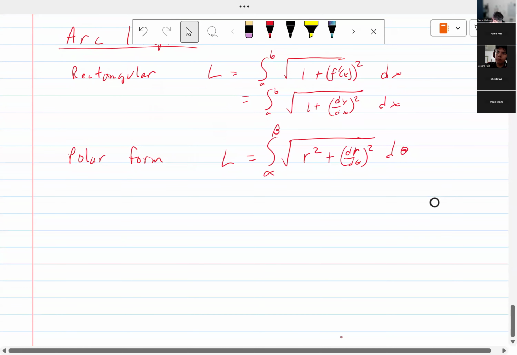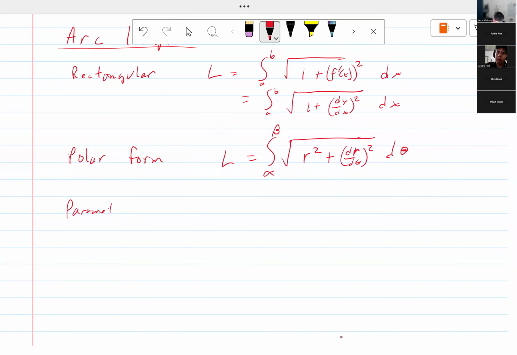Now, parametric form. For polar form, we have some r of theta. For rectangular form, we have some f of x. In parametric form, we could have x of t and y of t.